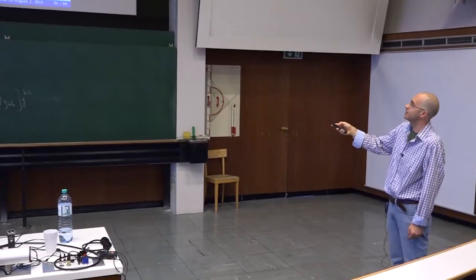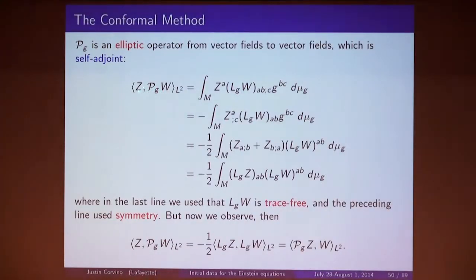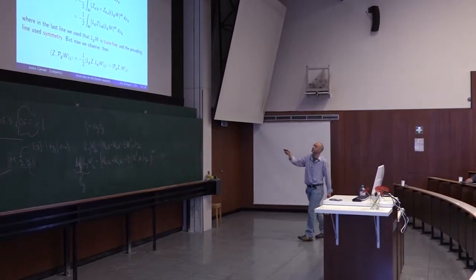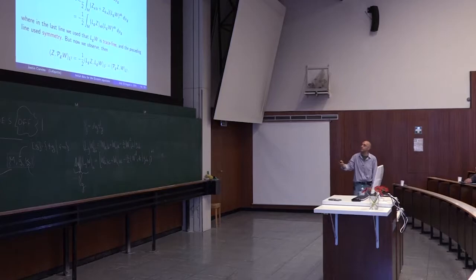So if you take this PGW and dot it with a vector field Z and integrate, okay? So all right, what is that? So that's LW, covariant, raise the index. That's what we did here. Okay. So you dot it with Z and integrate. Let's say M is a closed manifold.